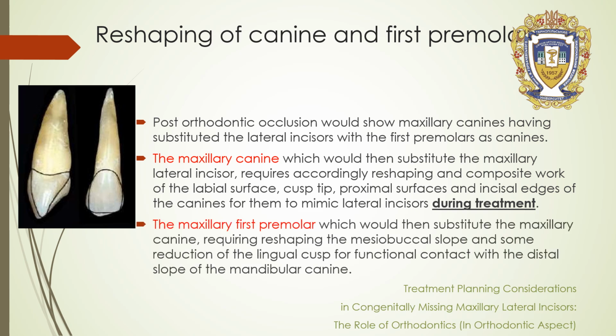Cusp tip, proximal surfaces and incisal edges of the canines are reshaped for them to mimic lateral incisors during treatment. The maxillary first premolar, which would then substitute the maxillary canine, requires reshaping of the mesiobuccal slope and some reduction of the lingual cusp for functional contact with the distal slope of the mandibular canine.